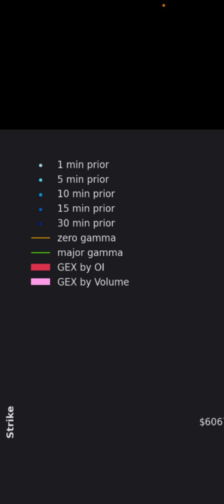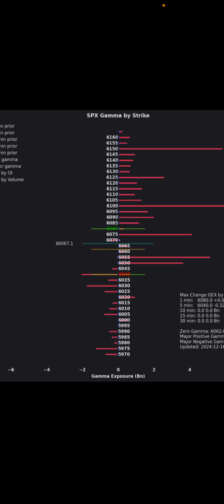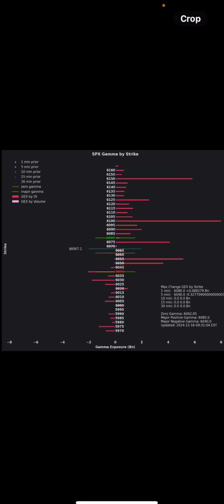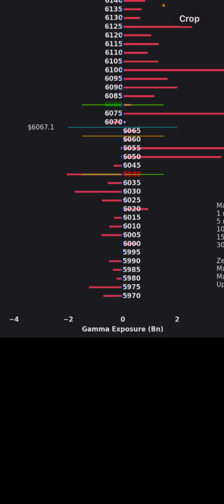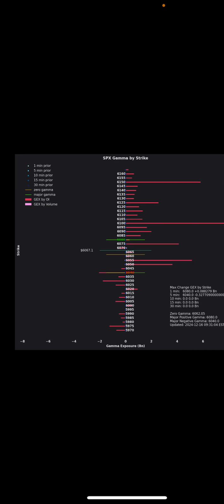Then you have your zero gamma, which is that yellowish orange line. These little dots represent where the volume was previously, 1 minute ago, 5 minutes ago, 10, 15, 30 minutes ago. Here you have vertically all the different strikes, and on the bottom, you have the amount of gamma exposure in billions.